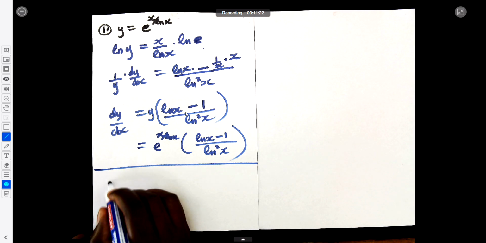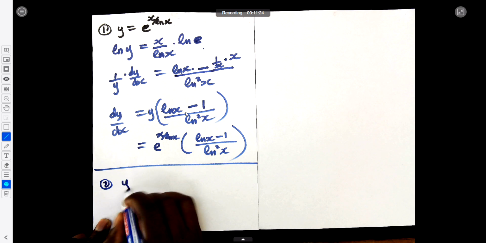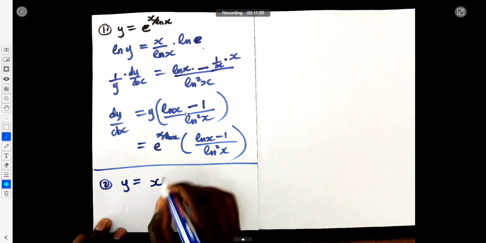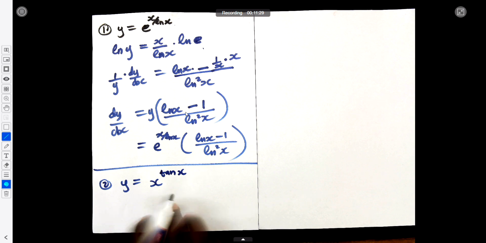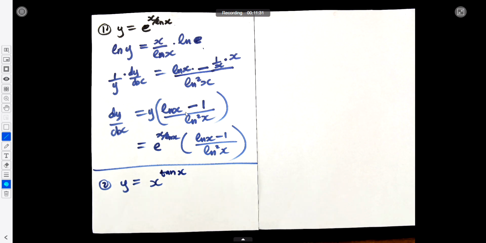So let's say, for an example, we have y is equal to x to the power of tan x. So we need to differentiate the following.